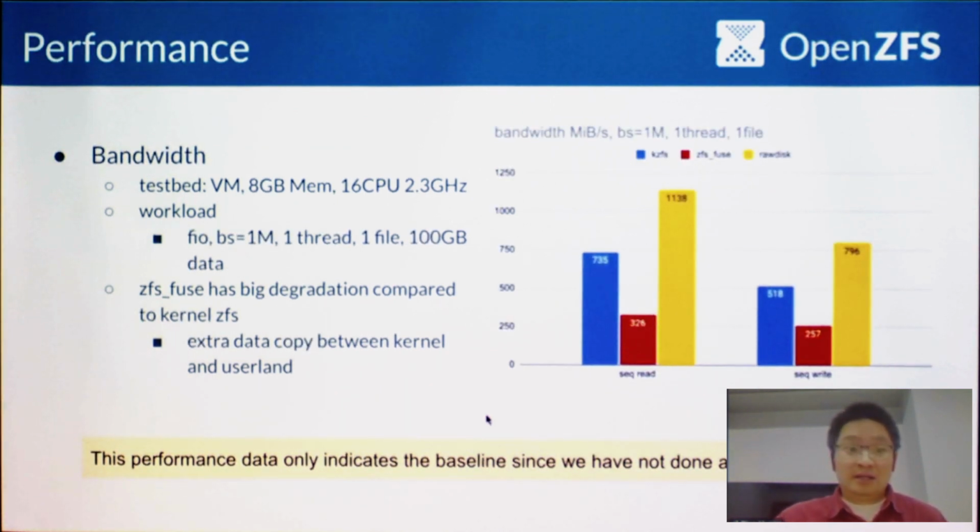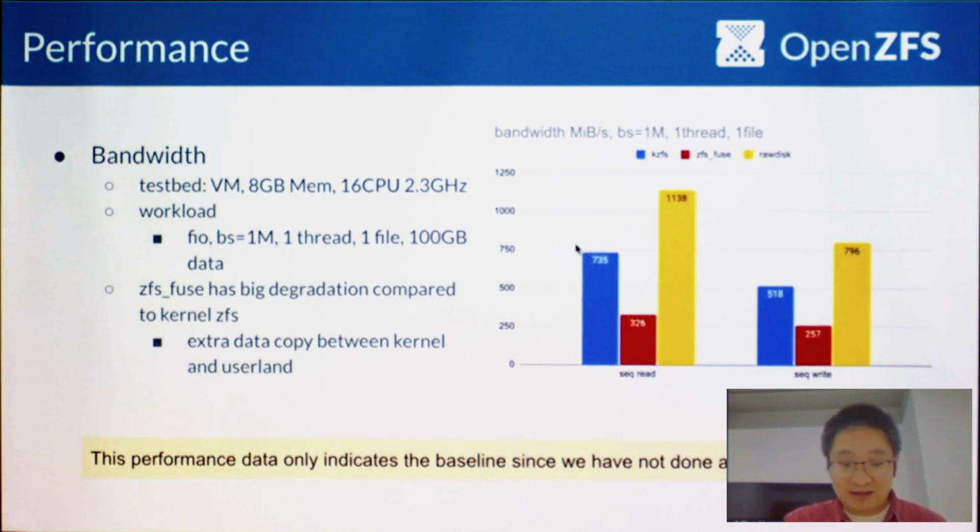Okay, so this is the bandwidth data, and we use FIO to test the sequential read and write on just one file. With ZFS FUSE it could achieve more than 300 megabytes per second for sequential read, and 250 for sequential write.